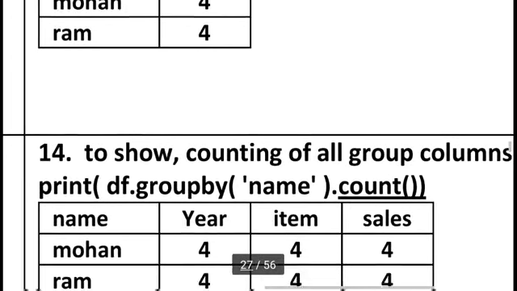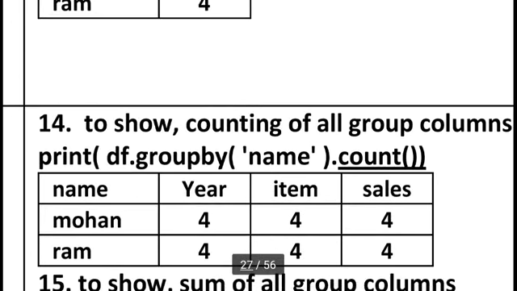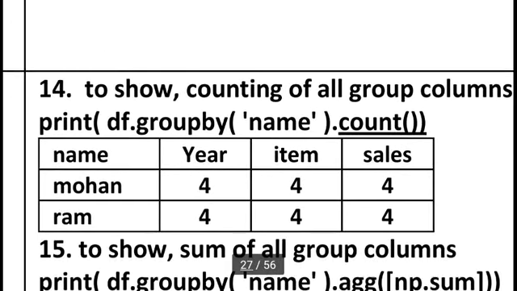Last time I was using .count. So you can see each and every group, name wise. For Mohan there are 4 rows in item, 4 rows in sales, and for Ram 4 rows in item and sales. So count is a very important thing. It shows all the names and, regarding their other columns, the total number 4 that Python found.